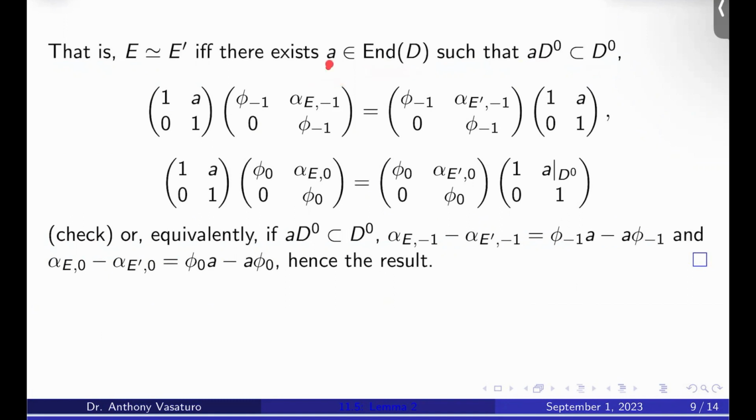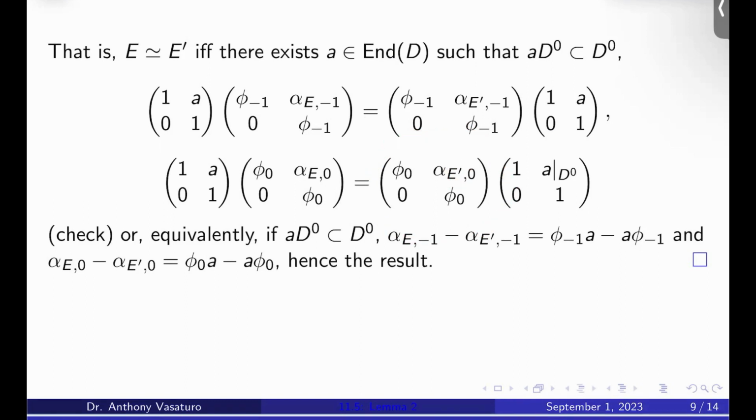And then if we take the phi negative 1 map associated with E, which we know is this matrix by the above, and conjugate it by the matrix (1 A; 0 1), we get the phi negative 1 matrix associated to E prime. And the same structural thing happens with the phi 0 matrices. If we take the phi 0 matrix associated to E, conjugated by the same matrix (1 A; 0 1) we conjugated by above, we get the phi 0 matrix for E prime.